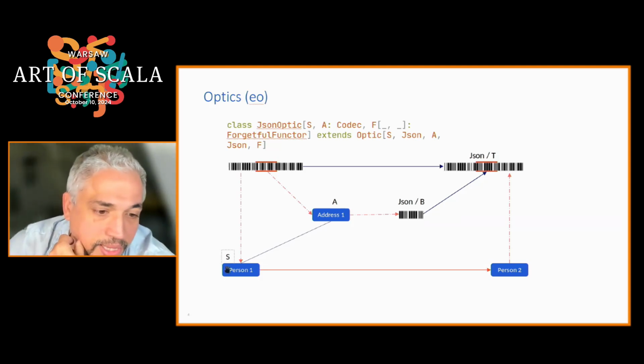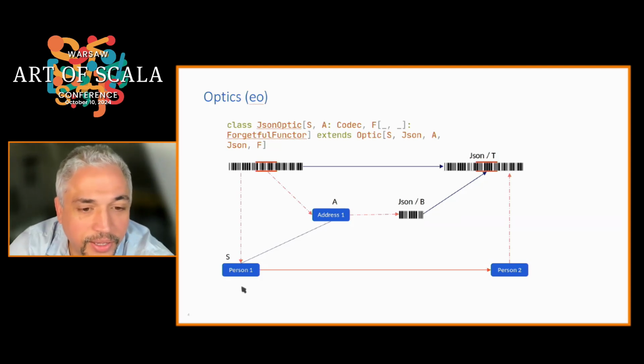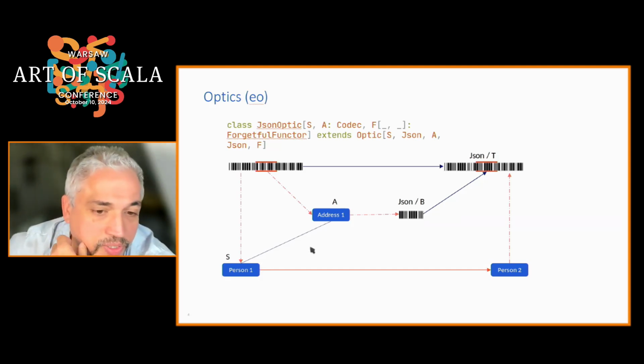And then these two are homologous to each other, but there's another pair of types that are connected to S and T. So if it's a lens, that means that an address, A, is a part of S, right?